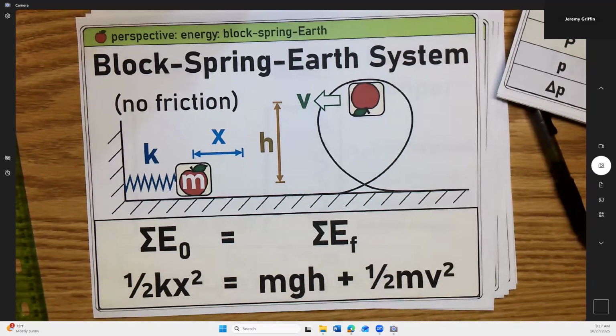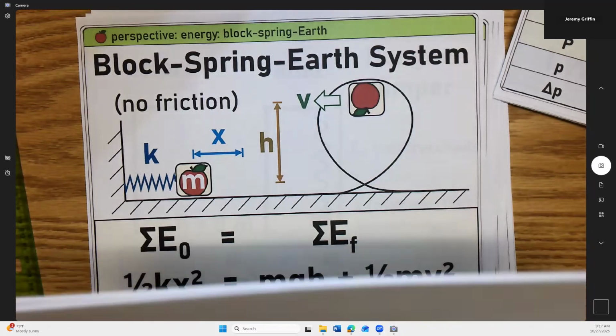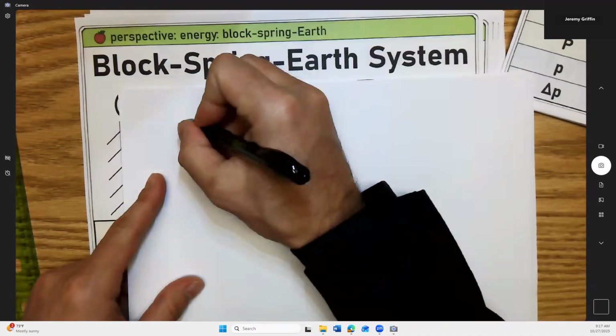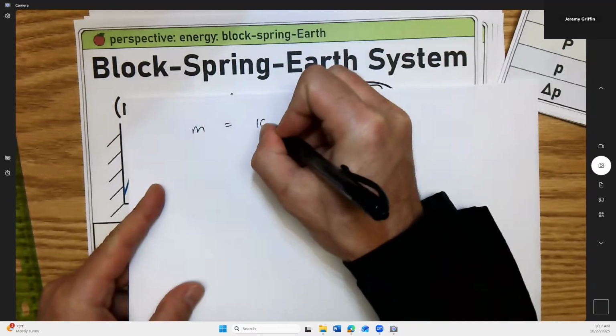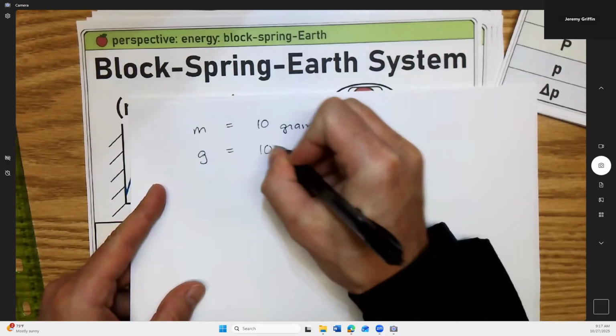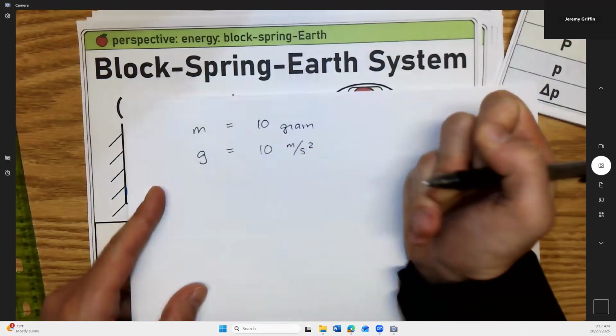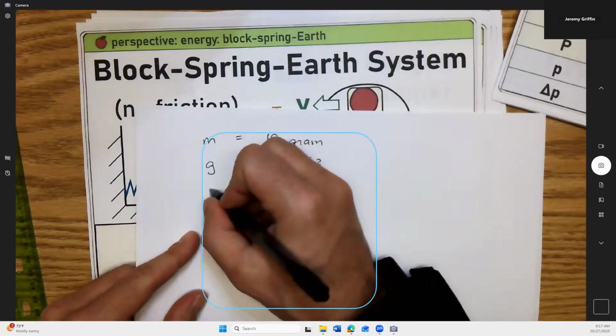Okay, let's take a break right here and solve one of these. Okay, let's solve this one right here. So what if I give you, say, mass equals 10 grams. I'll give you guys a gravity field of 10 meters per second squared.